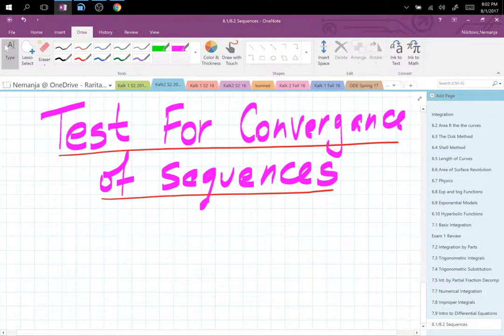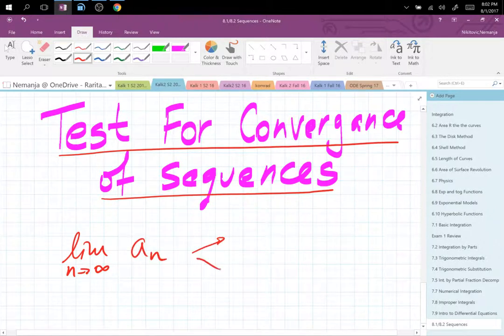Sequence can converge or diverge. Converge means that in the limit, as you take infinitely many numbers, it will converge toward a certain value, or diverge, go to positive or negative infinity. So the test is like this. You take the limit as n goes to infinity of your a_n.